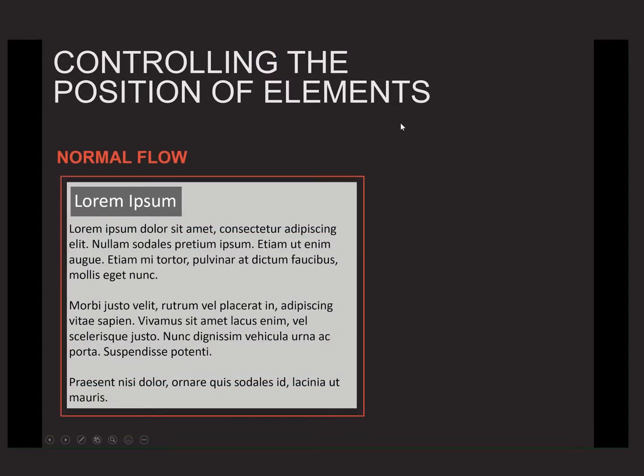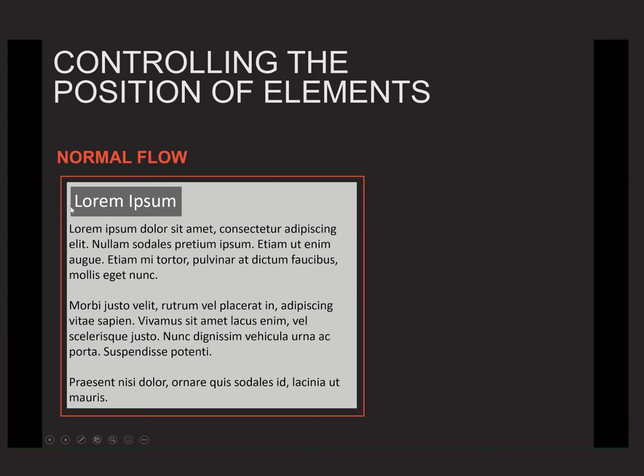Next we talk about the different layouts for the elements. So we have three possibilities. The first one is called the normal flow. This is the default way to arrange elements. That means if it's block level, they will be arranged in a vertical way, one after another, as we mentioned before.